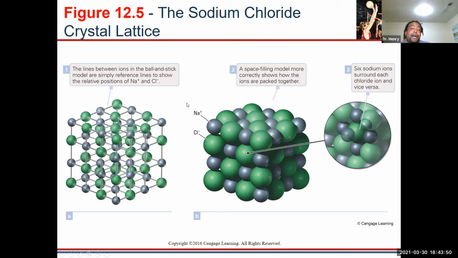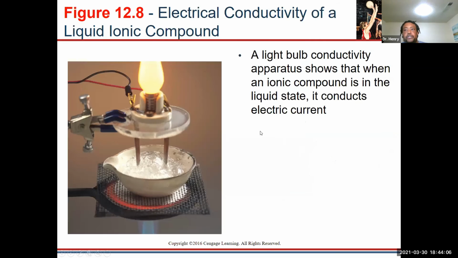Because you have these positive and negative charges, they are also able to conduct electricity. So when we put sodium chloride in water, we can use that to conduct electricity. Or we can just melt it with a lot of heat and make it a liquid, and it'll also conduct electricity because you have those free ions to conduct electricity for us. Make sense?